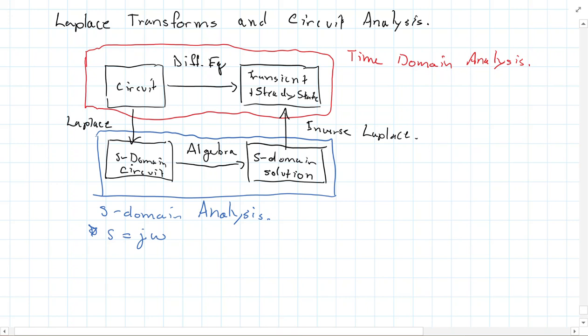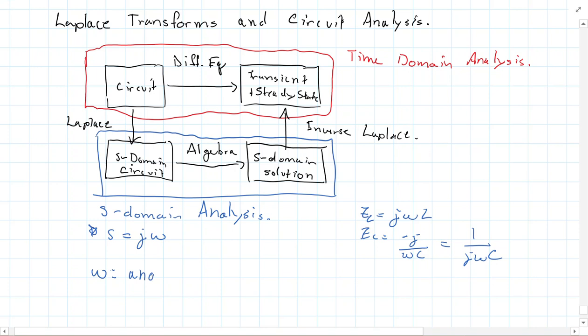We should be familiar with J omega, because the impedance for an inductor is J omega L, and the impedance for a capacitor is minus J over omega C, which is 1 over J omega C. So we should be used to seeing a J omega here. We'll be able to set S equals J omega, but let's think about what that means for our analysis.